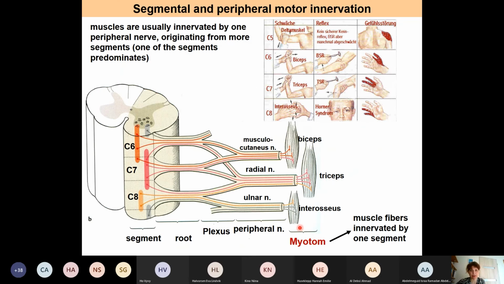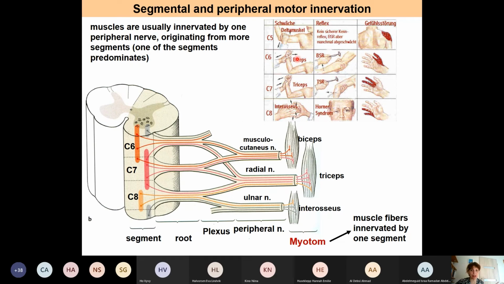And that's the same in the case of motor innervation. One muscle can be innervated by fibers coming from more segments, but one of the segments predominates, so it can help us. It can also be used for diagnostic purposes.